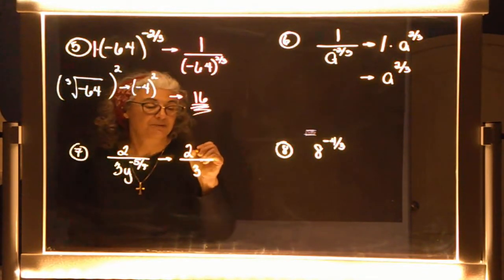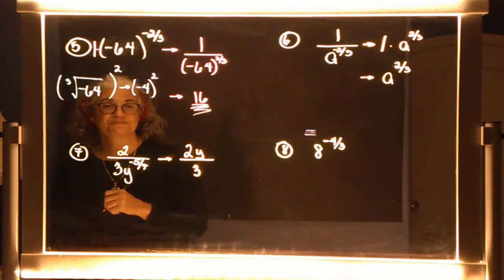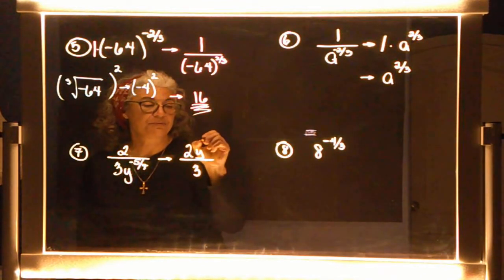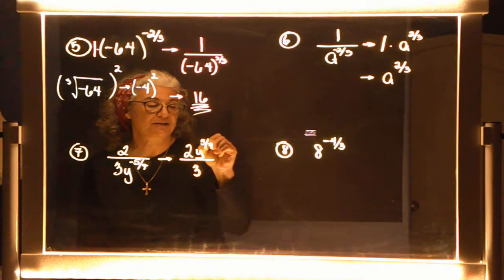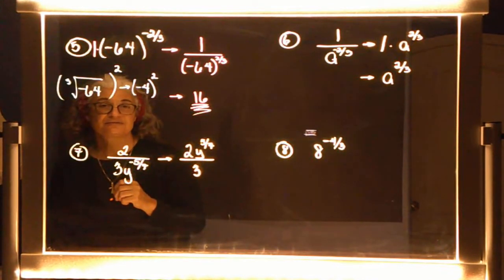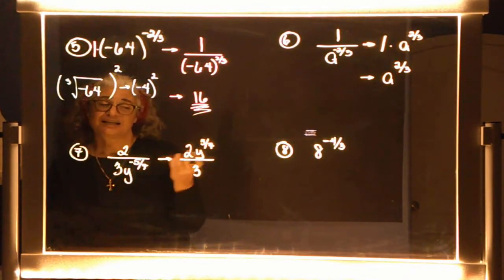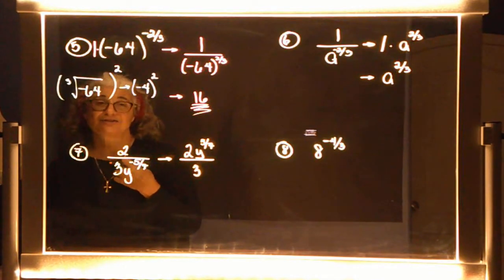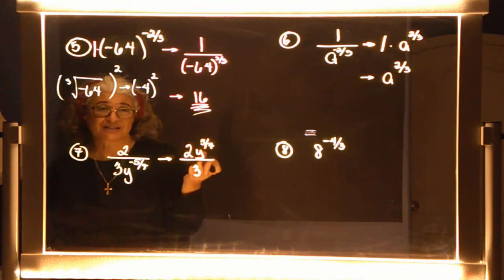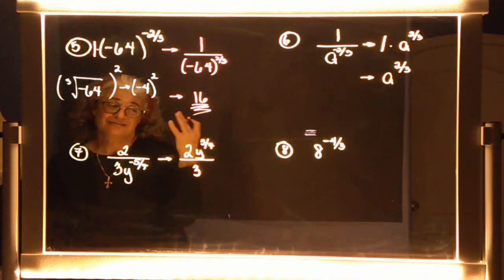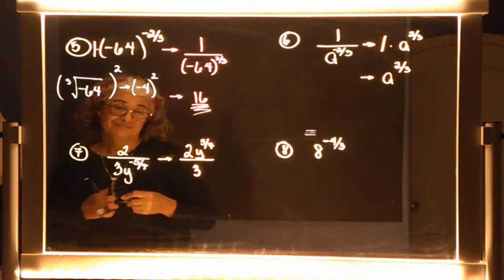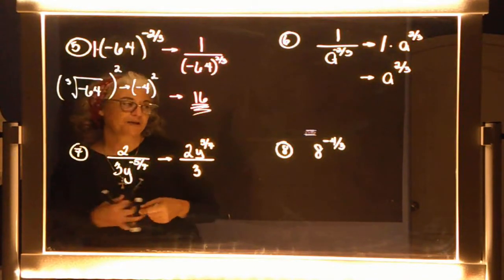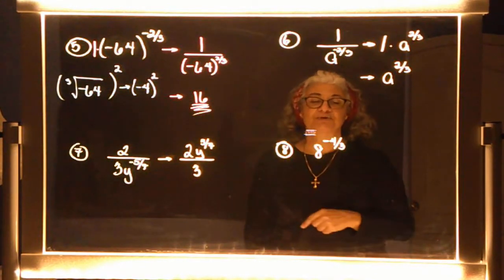No. I pop it to the top. And now its power becomes positive because it's in the correct location now. And I can't take the 7th root of y, let alone raise it to the power of 5, because I have no idea what y is. So that stays as it is. Cool? Okay. Let's look at this one, number 8.